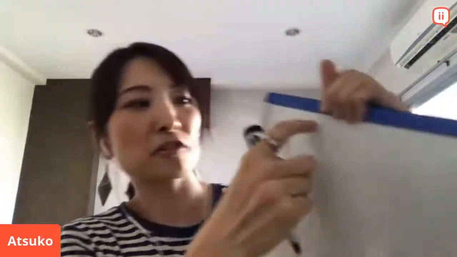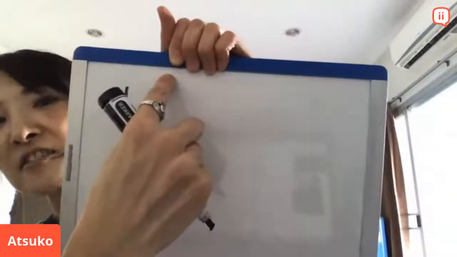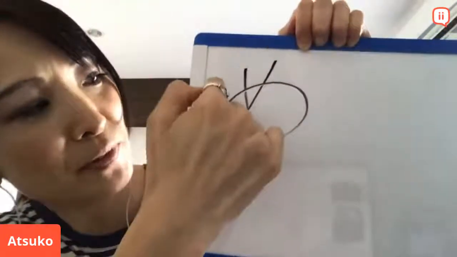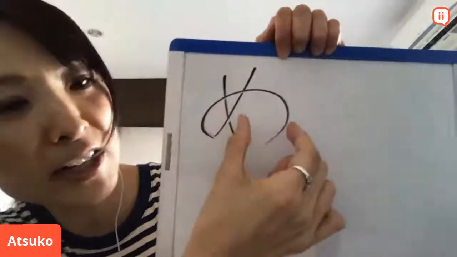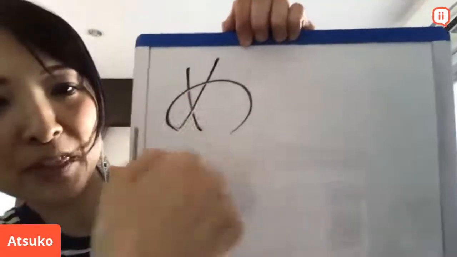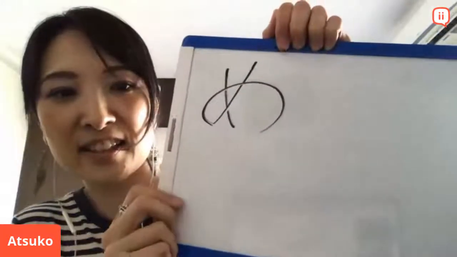And the second stroke starts from here. Go down to the right, left, go up, curve, and the right side is wider than the left side, and non-stop, non-stop. Okay.